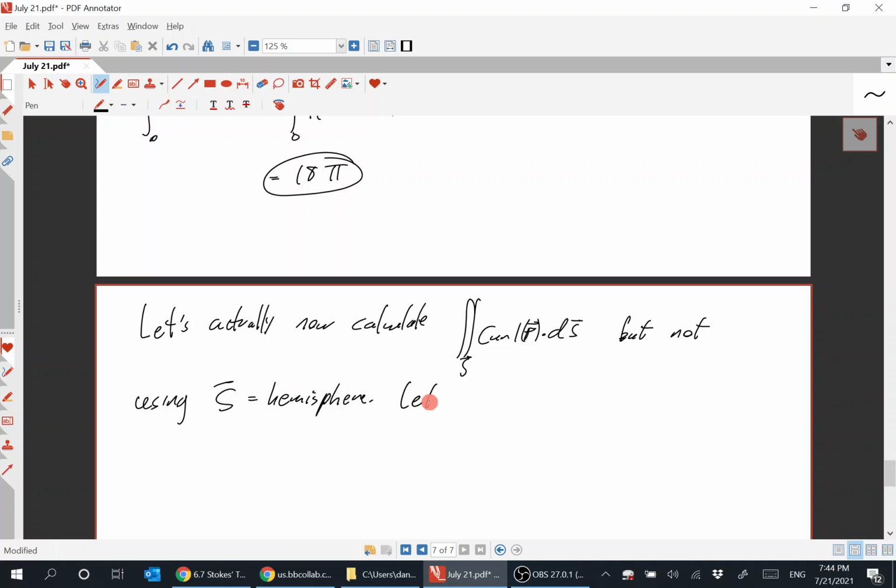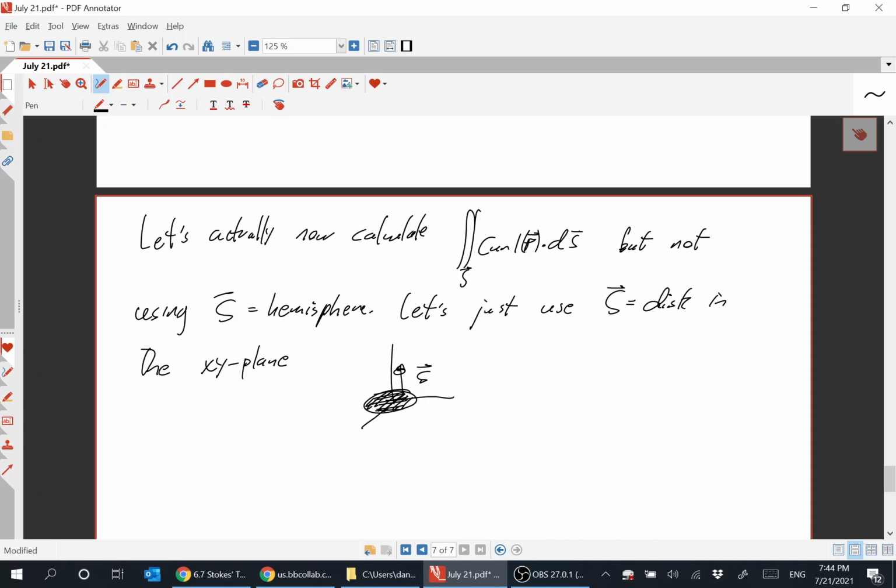Let's just use S equal to the disk in the xy plane. It has the same boundary, so it's all good.